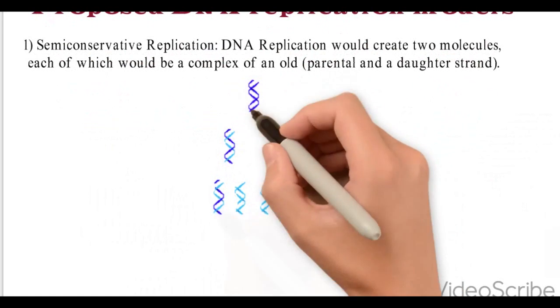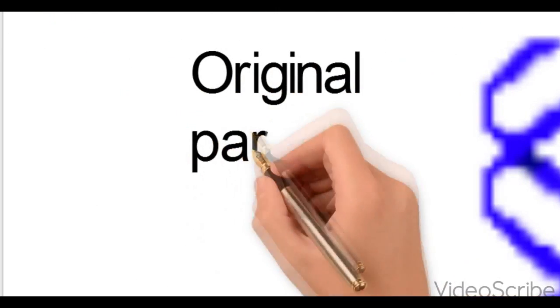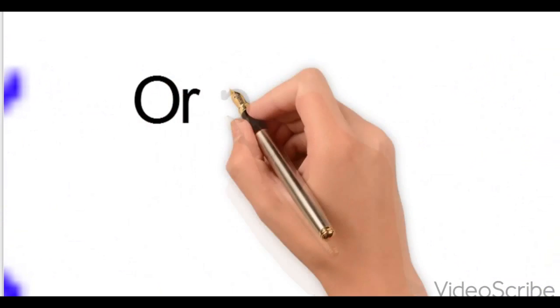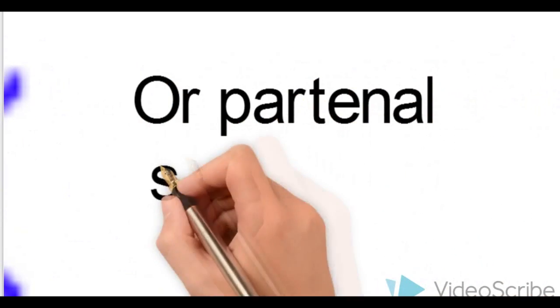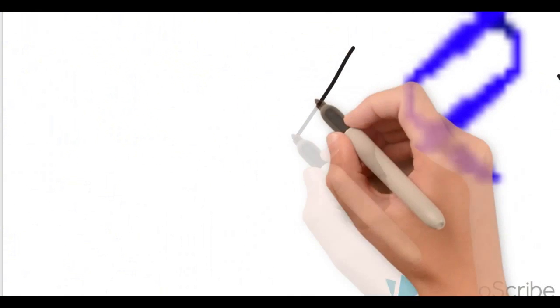So here you see a diagram. The first DNA is called the original parent strand. In other words, we say it's the parental strand. It's separated into two DNA helices.